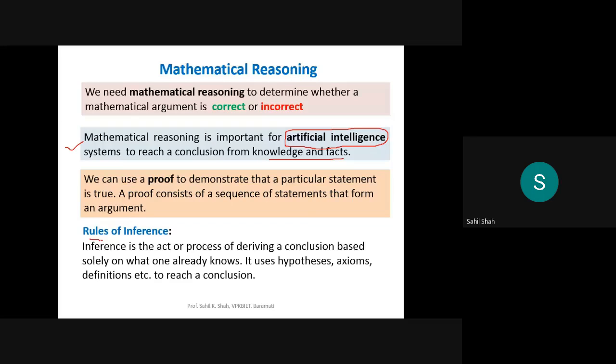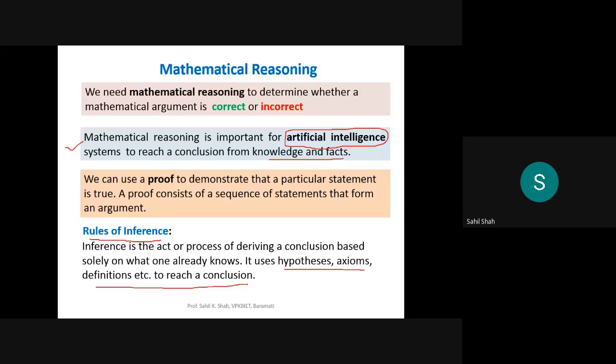So what are rules of inference? Inference, also known as deduction, is the act or process of deriving a conclusion based on what one already knows. It uses hypotheses, axioms, definitions to reach a conclusion.